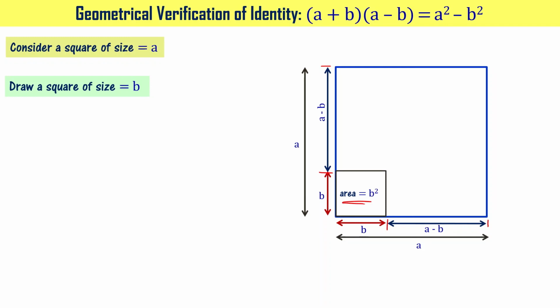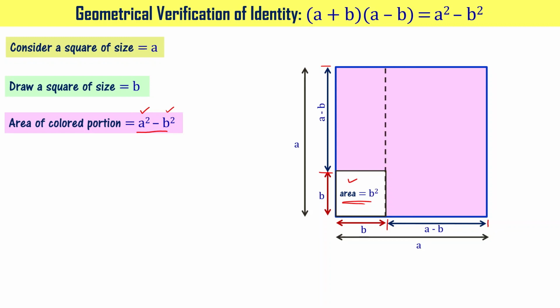Let me shade the remaining part of the figure except this smaller square, okay? If you want to get the area of that portion which is shaded in pink color now, that is going to be a square minus b square. A square is the area of the bigger square and b square is the area of the smaller square, right? The area of the colored portion is a square minus b square, right?